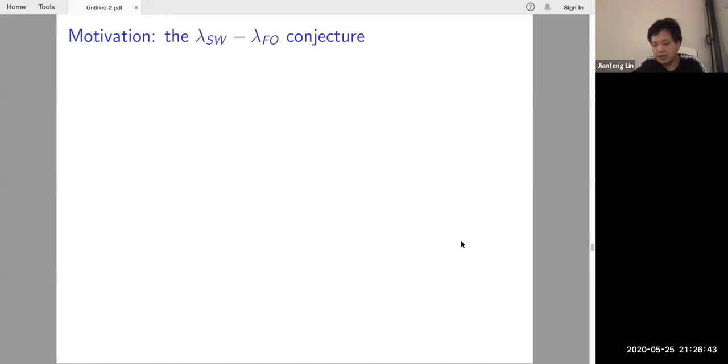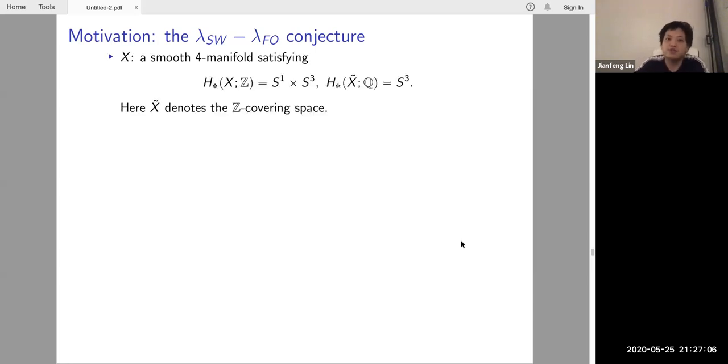Okay. Yeah, so before talking about the proof, let me give some motivation about this result. Our original motivation actually comes from a purely gauge theoretic conjecture in four dimensions. Okay. It's the so-called lambda SW equals lambda FO conjecture. To state the conjecture, we let X be a smooth 4-manifold that satisfies the following condition.